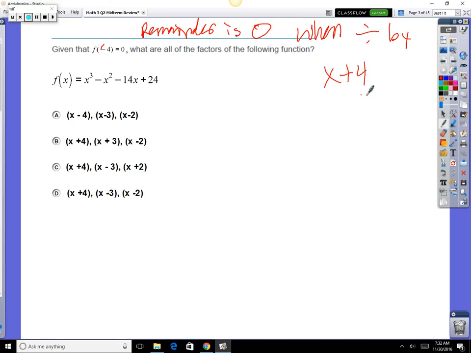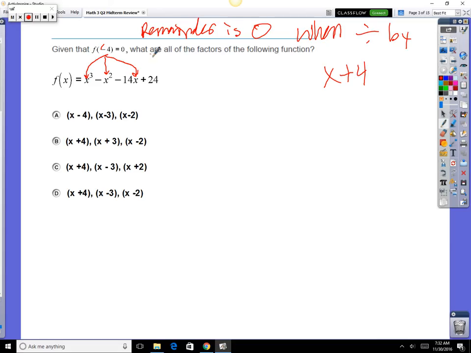Because you take the opposite of that, which would be a negative 4, and then plug into all these x's. So if you plug a negative 4 into that x, into that x, into that x, it should spit out a 0. So that means you divided by x plus 4.